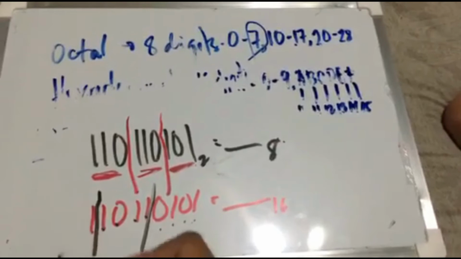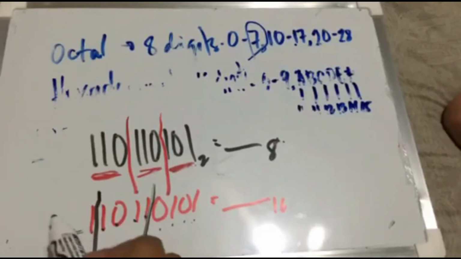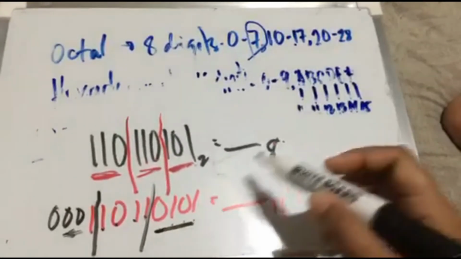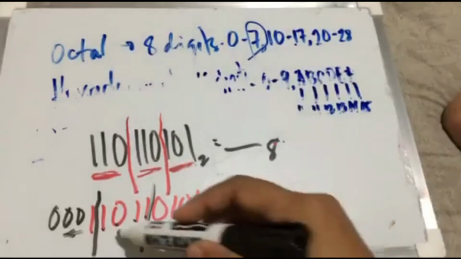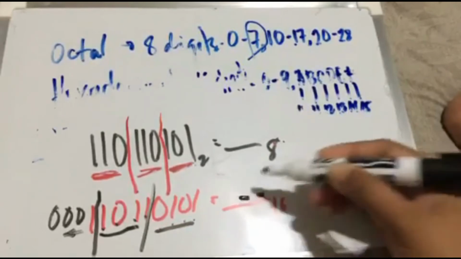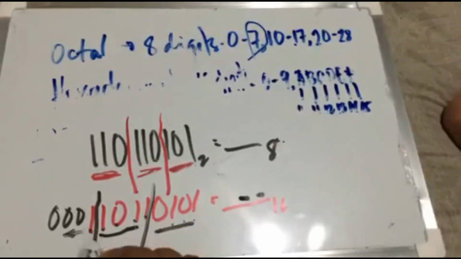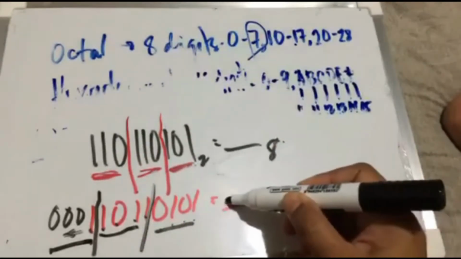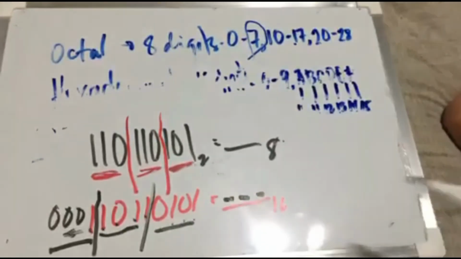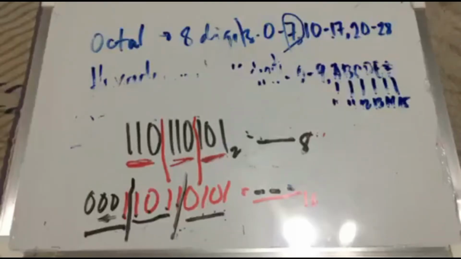So automatic, the rest of the numbers here are zeros. Okay? So compute this one, that would be your first digit here. This one, compute separately, that would be your value here. And then compute separately, that would be your value in this place. Okay?